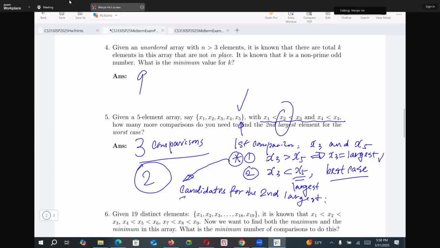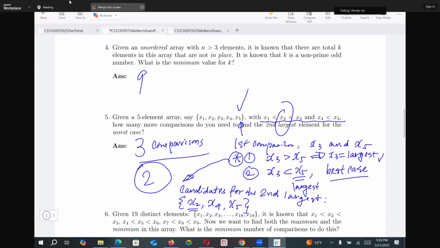Candidates, okay? Those students only give me two elements as candidates, x4 and x5, but actually x2 is also a candidate: x2, x4, and x5. Many of those students missed putting x2 in the candidates.